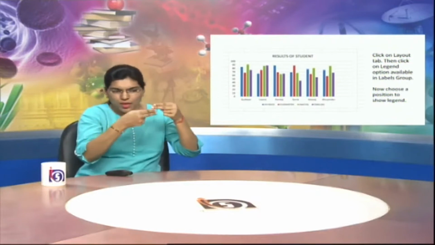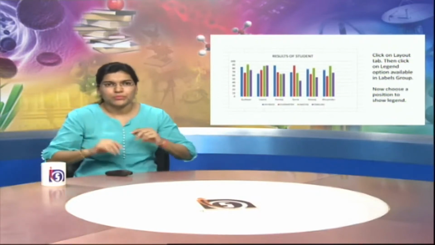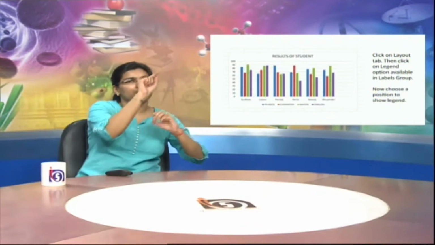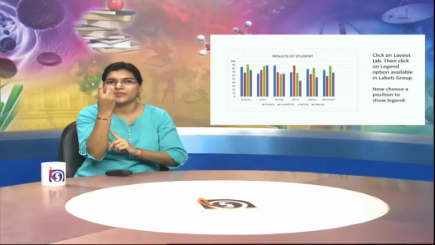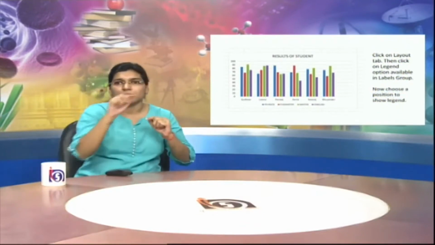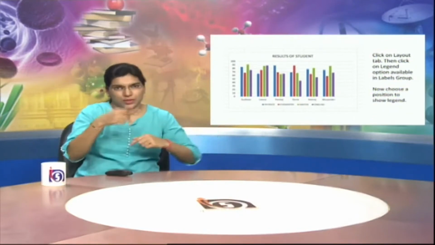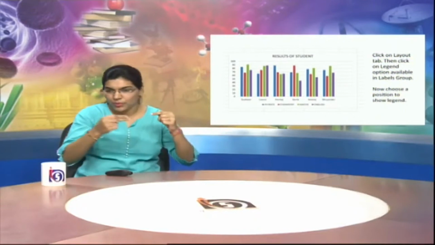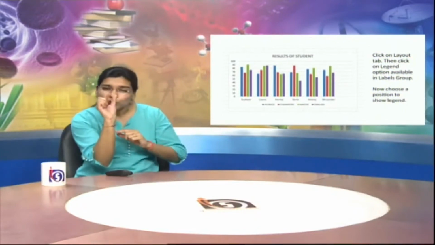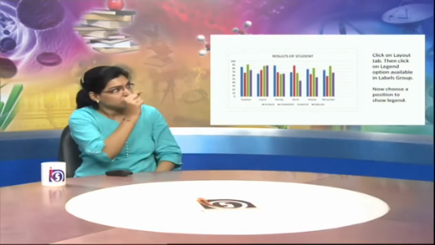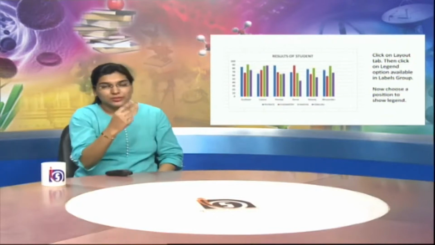So, this is the column chart where students' names are written and the marks are shown from 0 till 100. So, accordingly 80, 90, whatever marks are there, it is shown with the name of the students, and colors show the subjects.